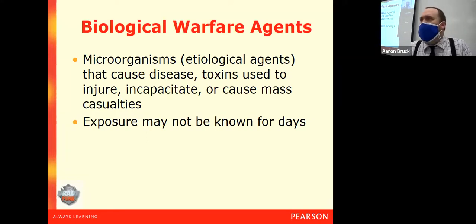Scary thing about a lot of these biological agents is that because they are biological, they need to work through your body's systems. It may take you a while to recognize it, anybody to recognize that they are there. So you may not actually know that you were exposed to it until days later you start to develop symptoms.